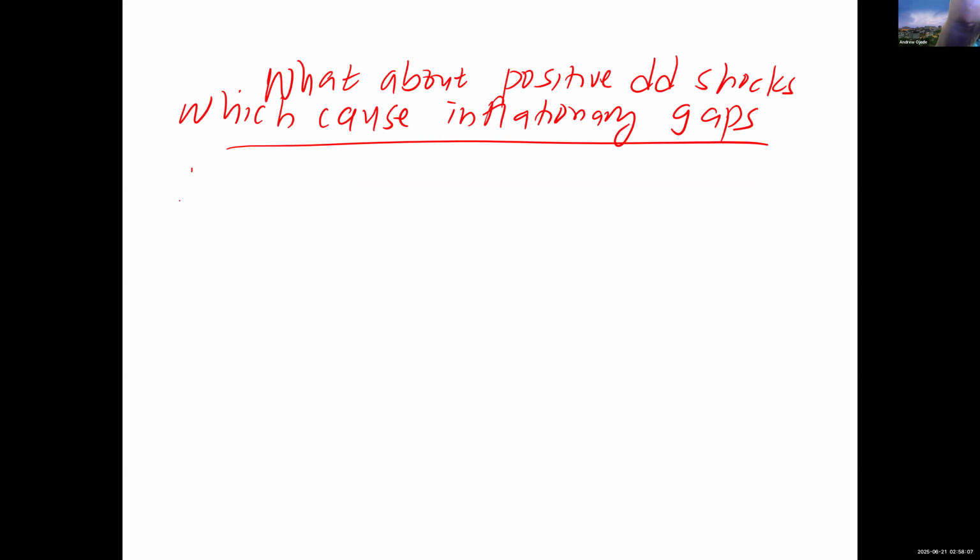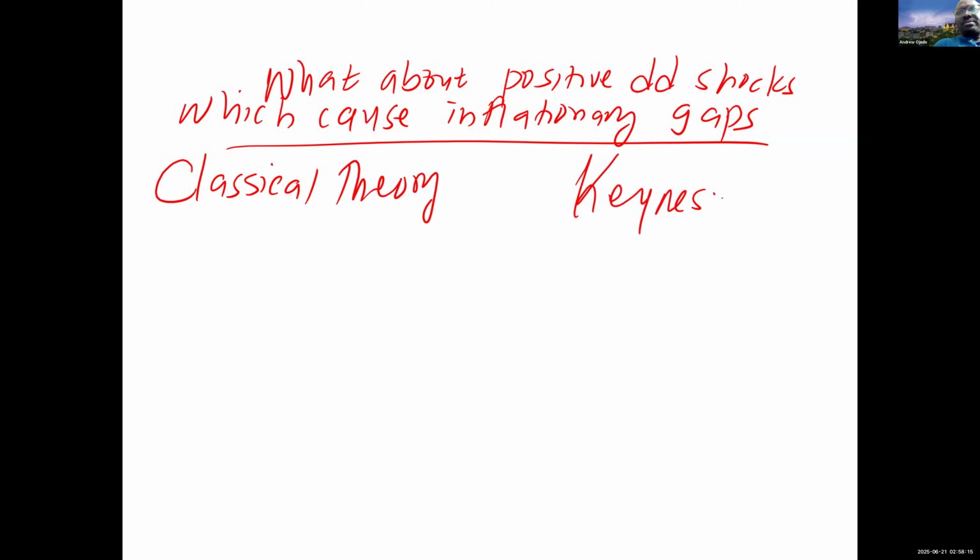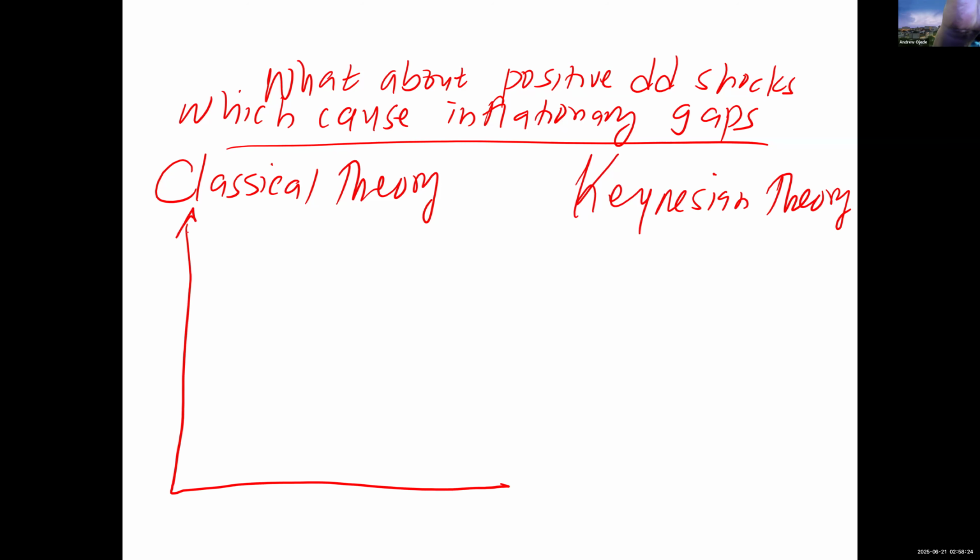So let's say this is classical theory, or the classical school of thought. And then this is Keynesian theory by John Maynard Keynes. Okay, so let's assume that, and you must always start from a point where the economy was at full employment. This is price level, this is real GDP on this axis.